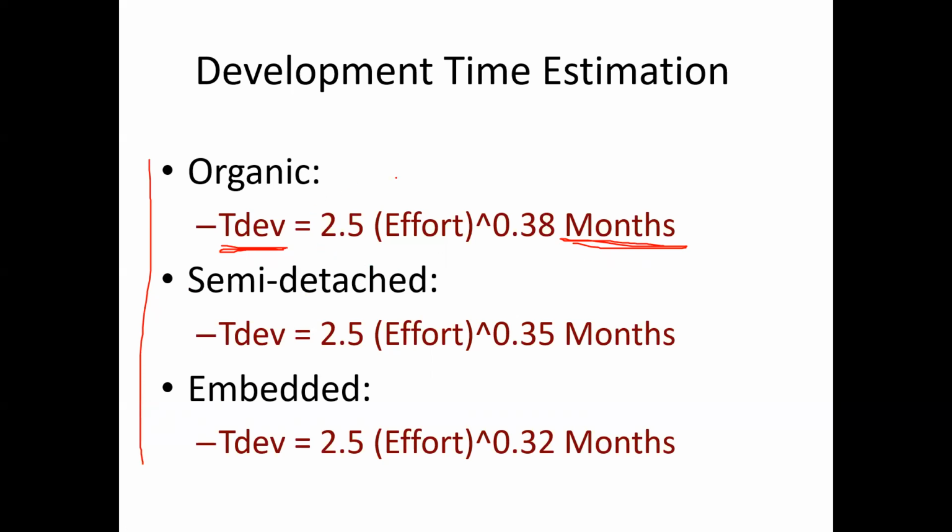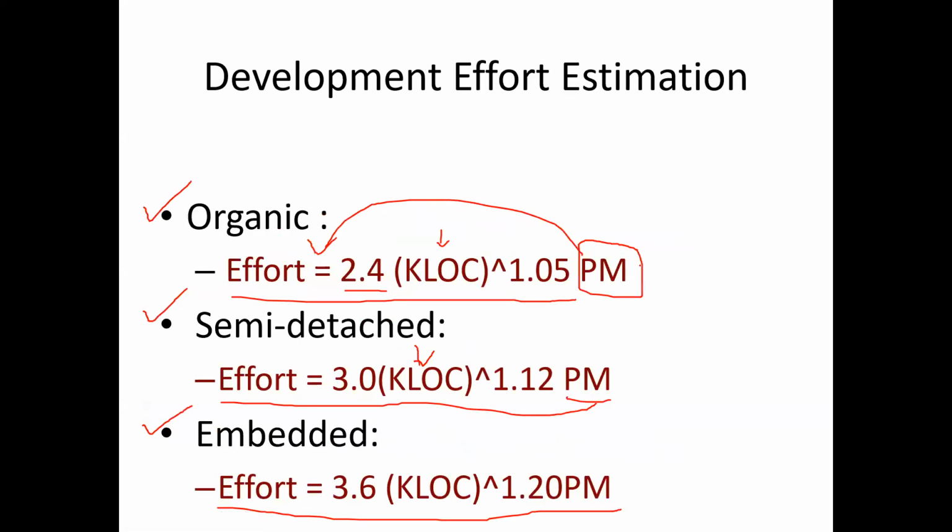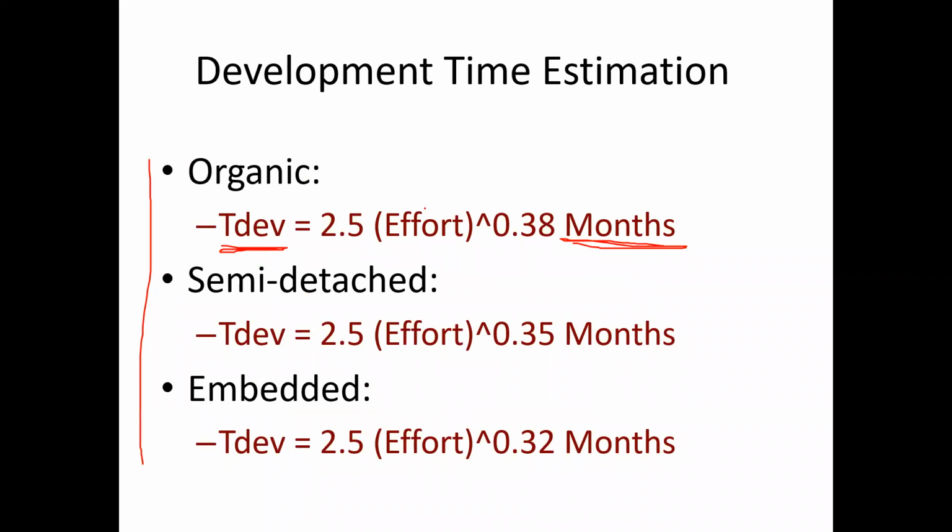I can calculate it from the effort, because effort is now in person month, meaning one person in 1 month can do this much effort. So I take effort as input, and I can calculate how many months I can take for that particular software. The effort will be your input now, and we can calculate time for development.